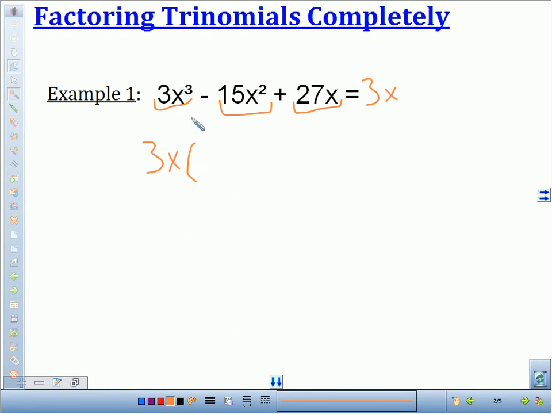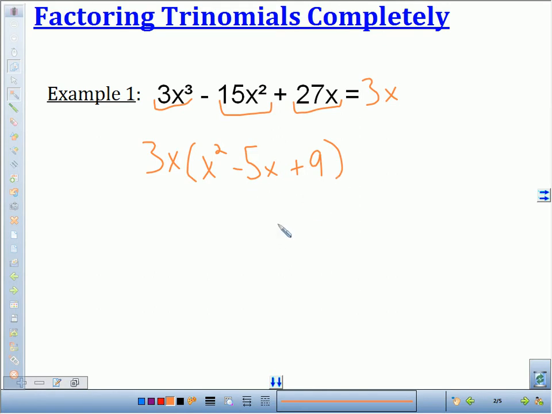So 3x to the third divided by 3x is x squared. Negative 15x squared divided by 3x is negative 5x. 27x divided by 3x is 9. So factoring out a greatest common factor leaves me with 3x times x squared minus 5x plus 9.